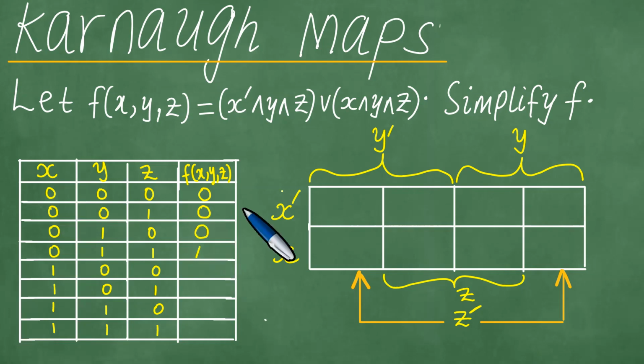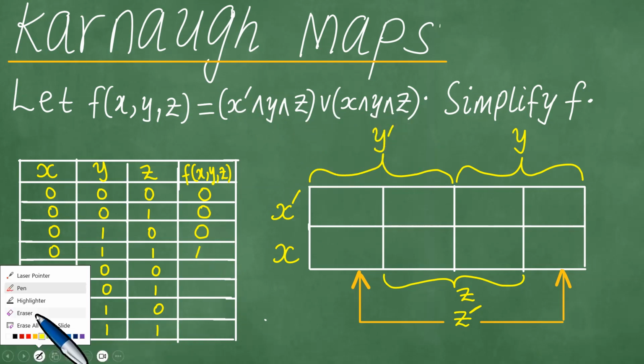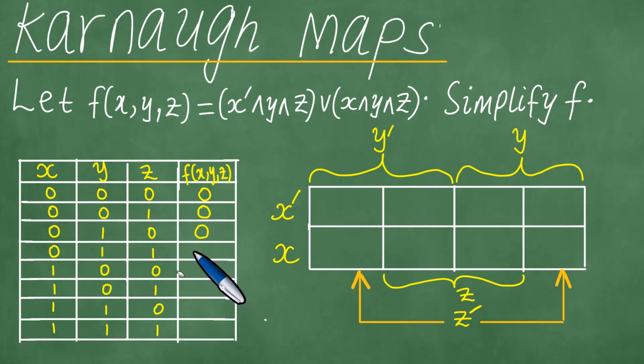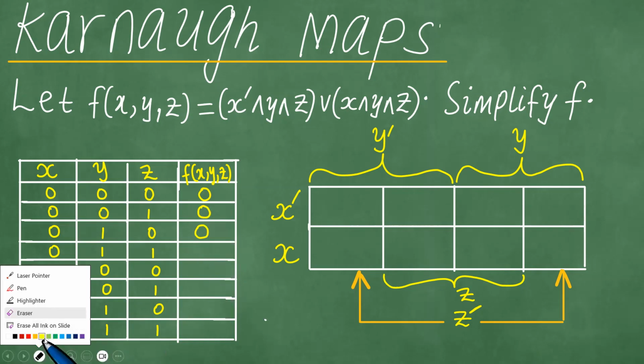It becomes a 1 because not 0 is a 1. So a 1, a 1, a 1 becomes a 1. Or you have a 0 and a 1 and a 1, so this becomes a 1.